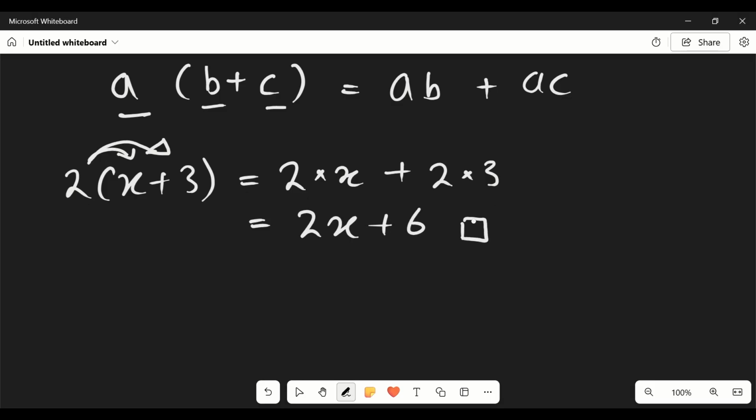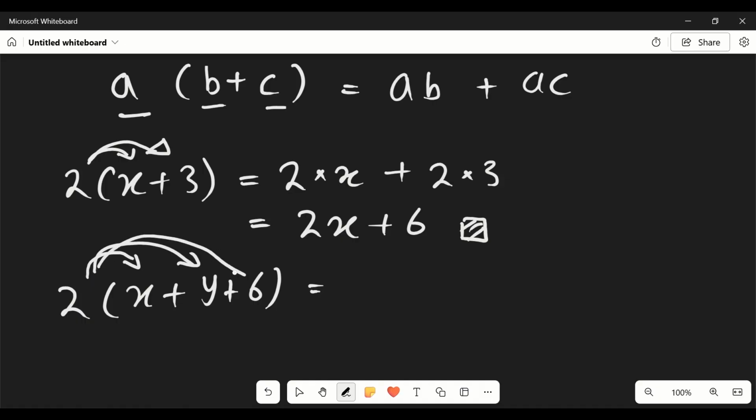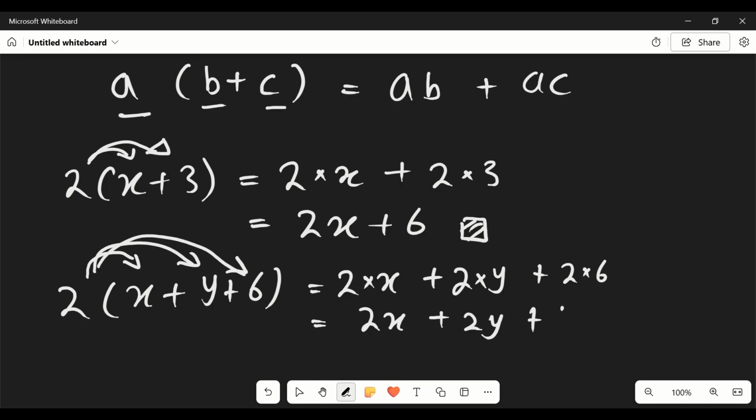And that is the answer. Let's take a look at another example. If you have a problem like this, you just multiply everything to the inside of the parentheses. So you have 2 times x plus 2 times y plus 2 times 6. So you get 2x plus 2y plus 12.